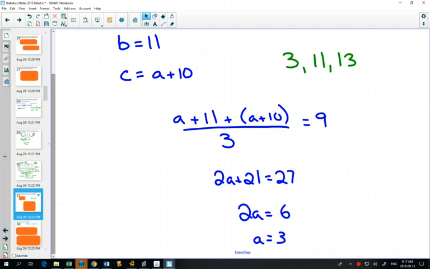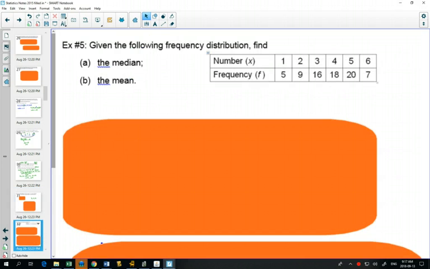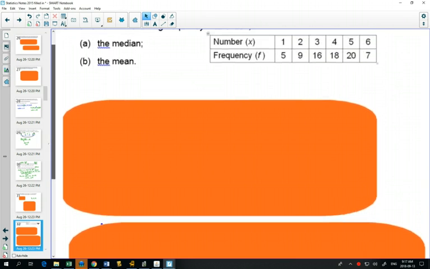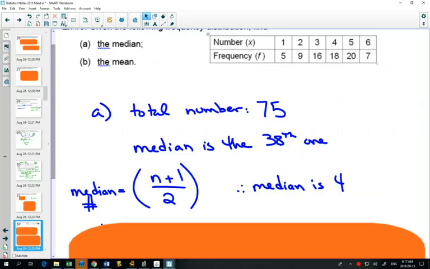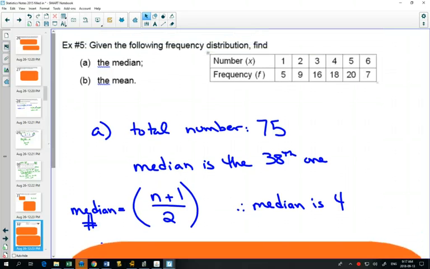For the next example, you've got a frequency chart. The median will be the middle term, since if we add up all the numbers, we get 75 in total.